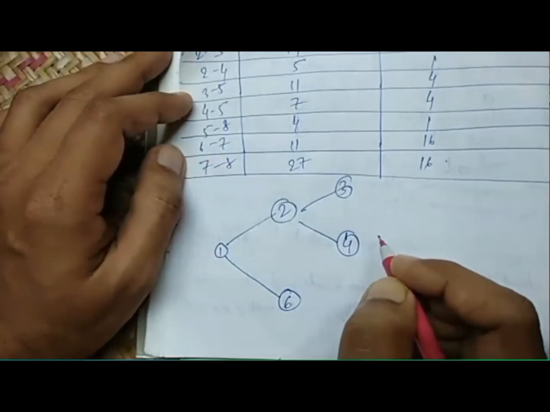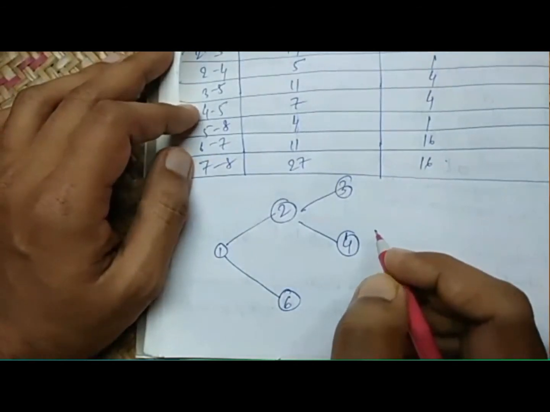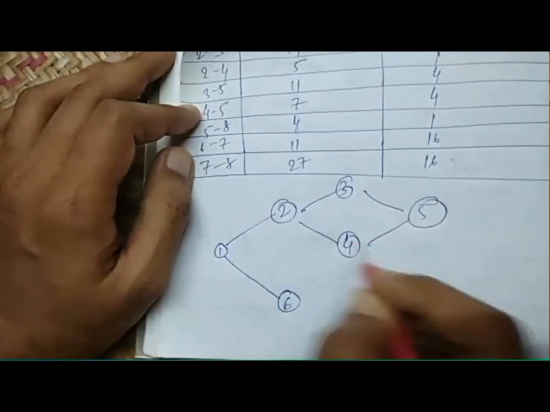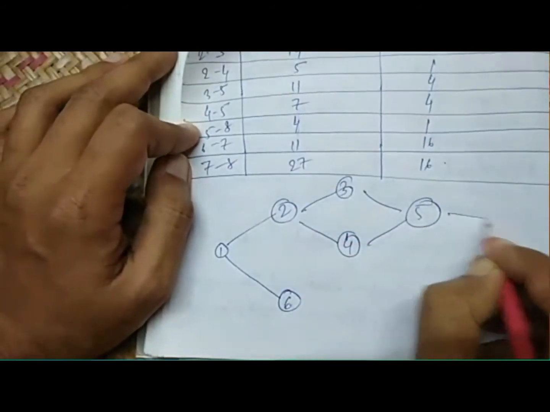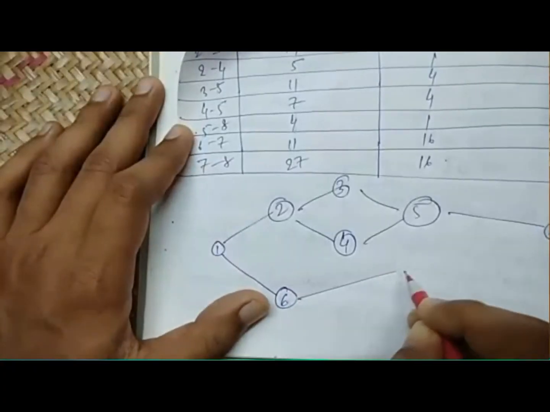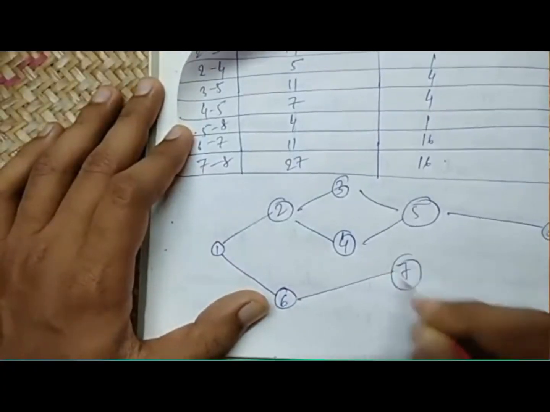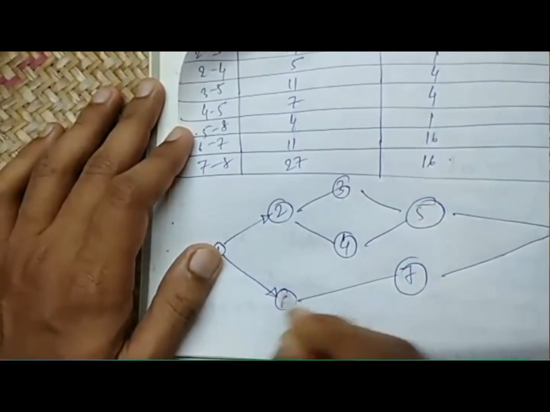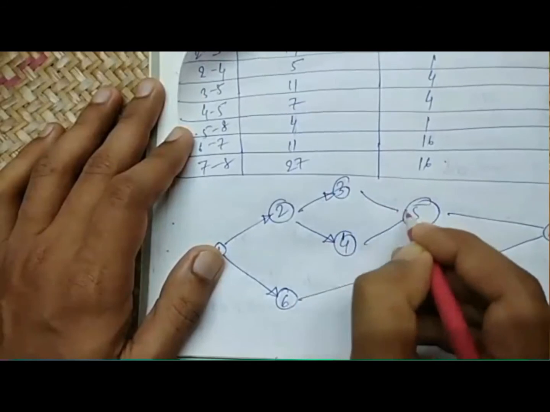Now 3-5 and 4-5 mean both 3 and 4 go to 5. Then 5-8 goes to the finish, 8. From 6 it goes to 7, then to 8. Draw the arrowheads.